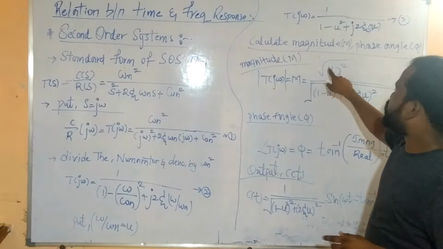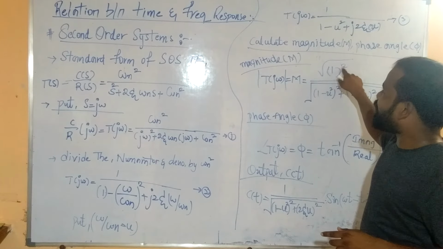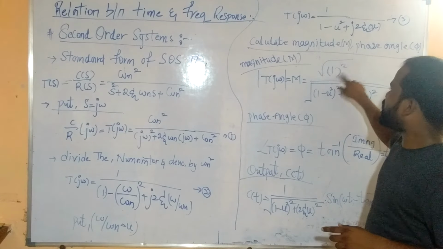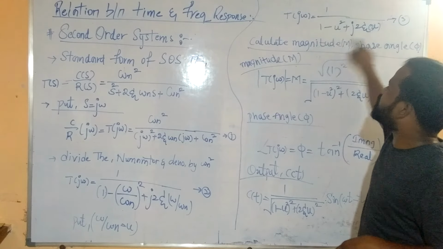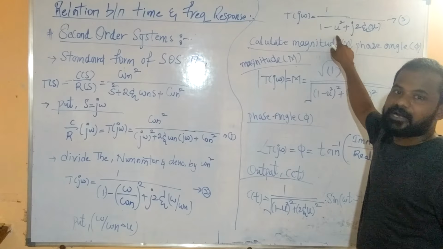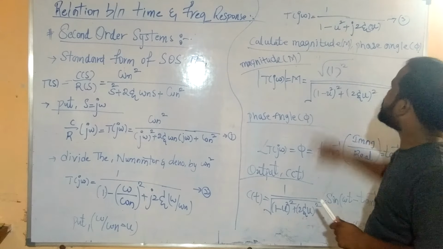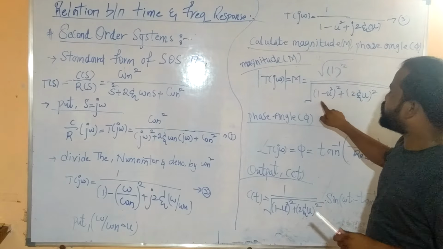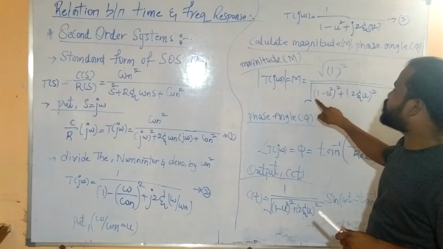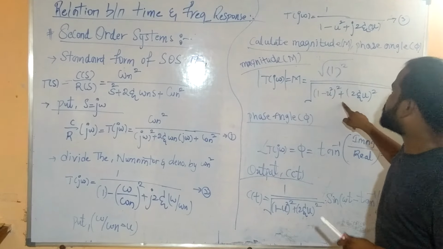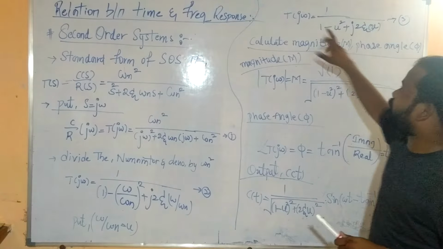So root of 1 square, that is 1 to the power 1 by 2, finally we will get only 1. And this is divided by the total term, where 1 minus u square is the real part and 2 zeta u is the imaginary part. So in the denominator, under the root, real square plus imaginary square. Real is 1 minus u square whole square plus 2 zeta u whole square. Clear? So this is the magnitude of this function.